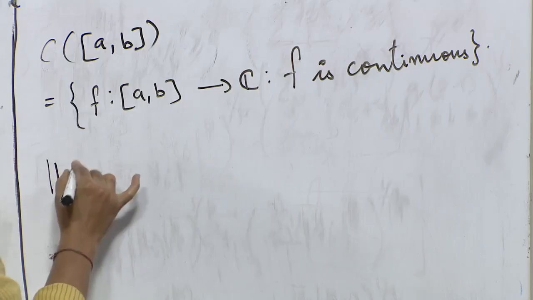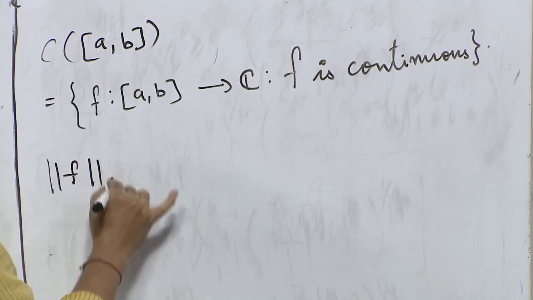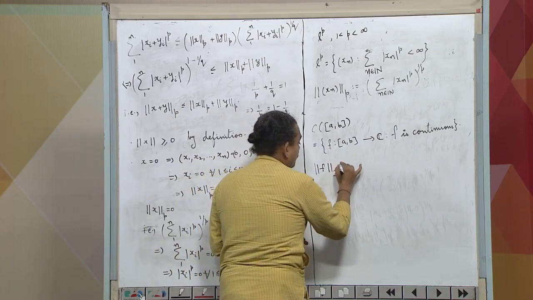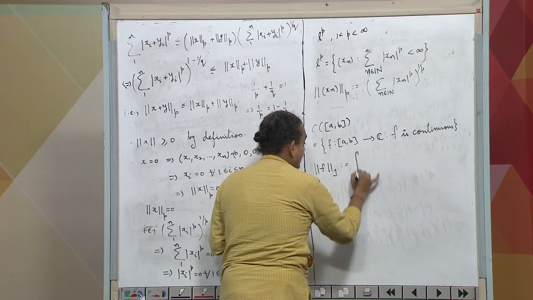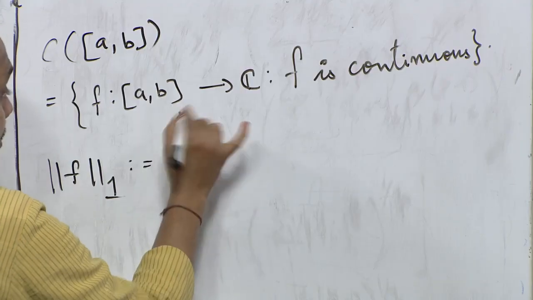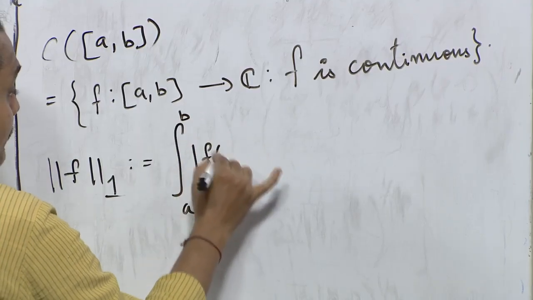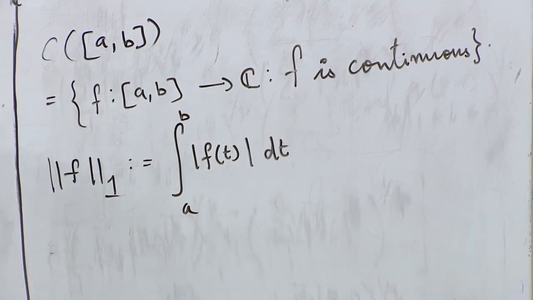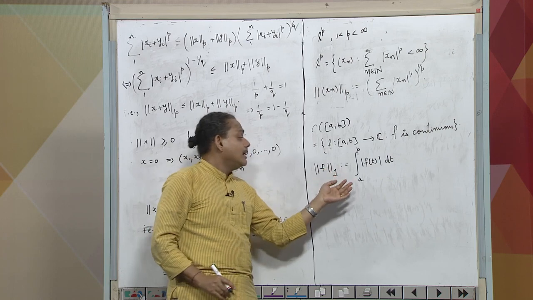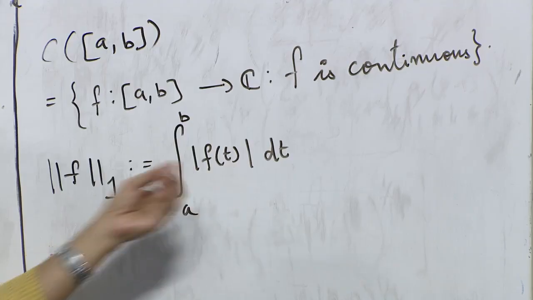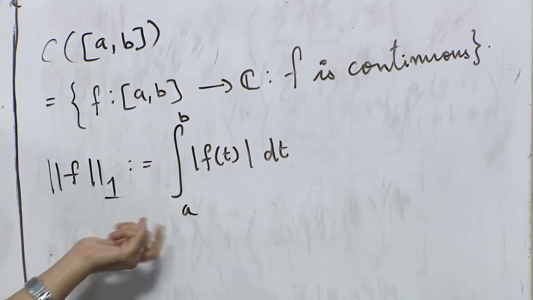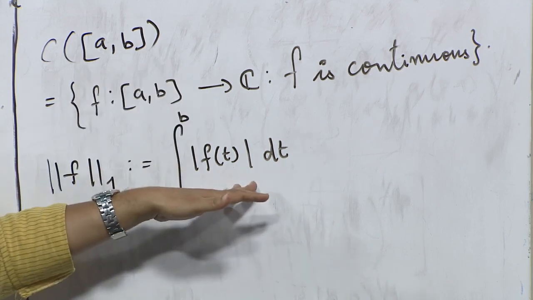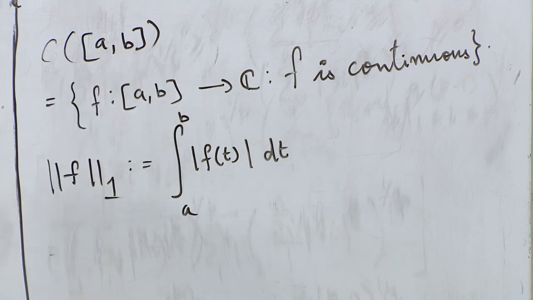Now, let me define a norm. As usual, we are going to have a whole range of norms on this space. First one, which is the integral from a to b of mod f(t) dt. The classical Riemann integral, which you have learned from your calculus, should tell you that every continuous function is actually Riemann integrable, and therefore this makes sense.